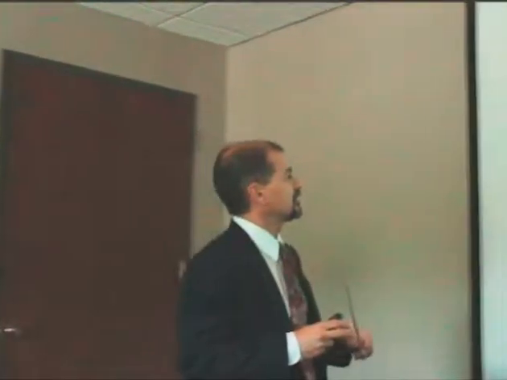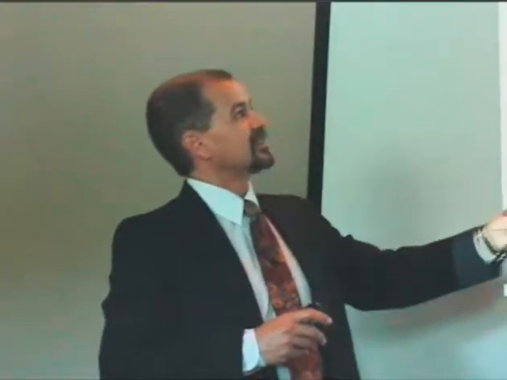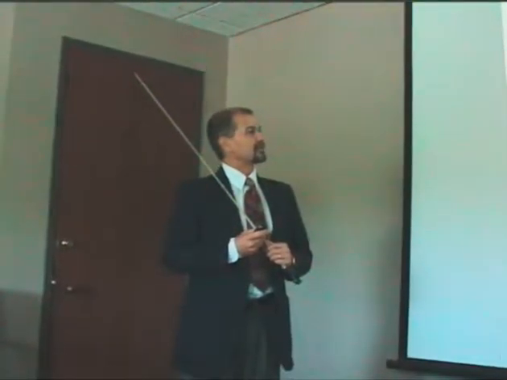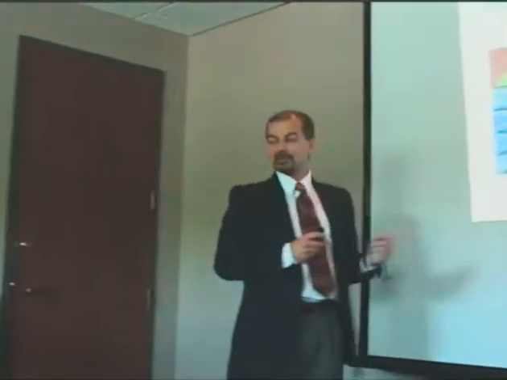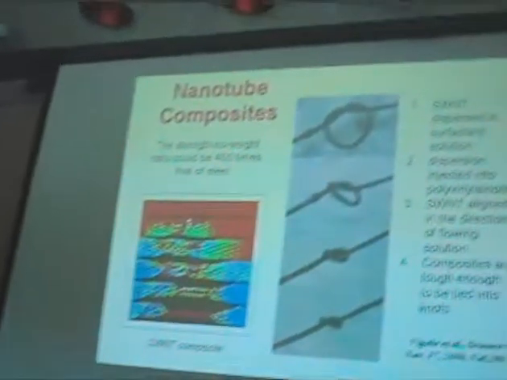So there is a lot of interest in producing nanotube composites. There has been a recent report in Science that nanotubes can be put into a polymer matrix, something a lot of people are working on even here, to make a material that is flexible and strong with fantastic properties.